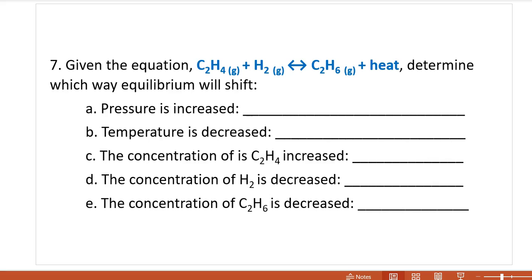All right, number 7, Le Chatelier's principle. Given this equation, determine which way equilibrium will shift. For pressure, I always like to think of pressure in terms of volume. They're inversely related. If pressure is increased, volume is decreased.